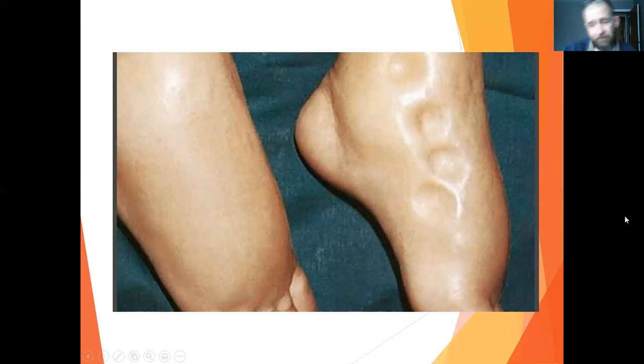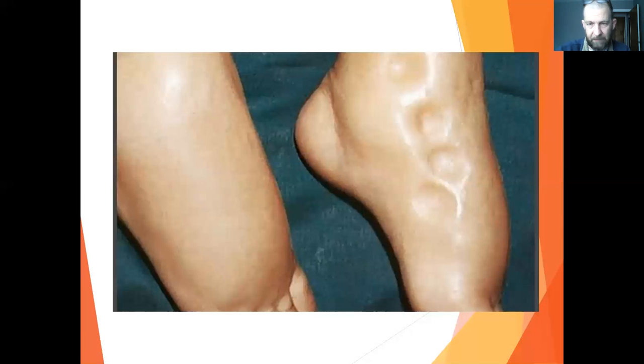Now on the foot on the right-hand side of the page, you can see these four pits. This is called pitting edema. Somebody has pressed their four fingers down into this person's foot and made these little pits. They're basically pushing water out of the way to make these pits, and eventually these fill back up.